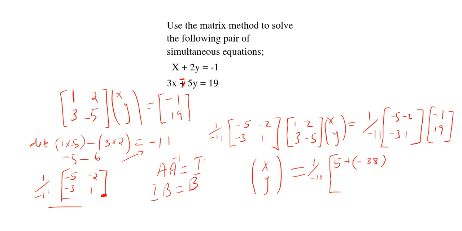Then we have also negative 3 times negative 1. We get positive 3 plus 1 times 19 is 19. So when you add this, you shall get negative 33 and 22.